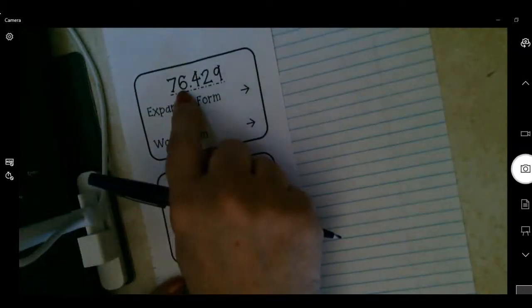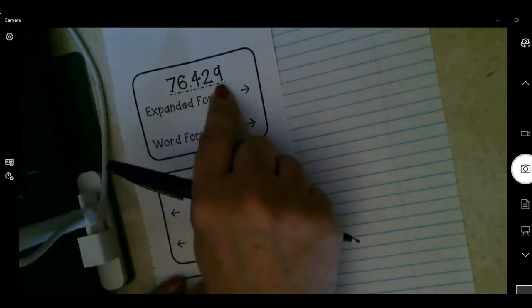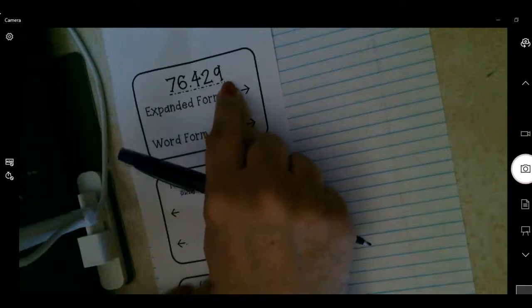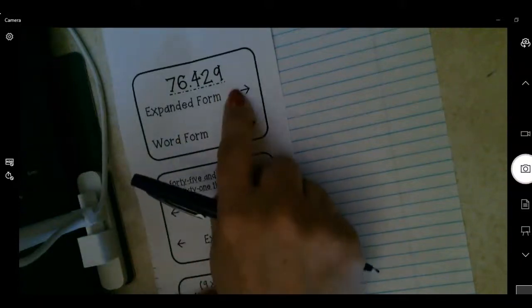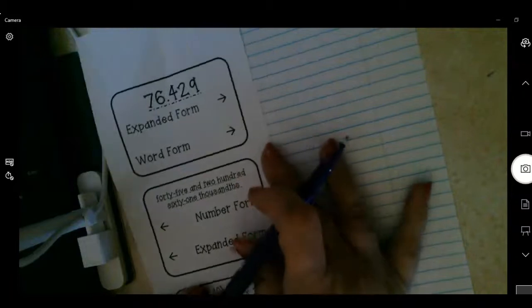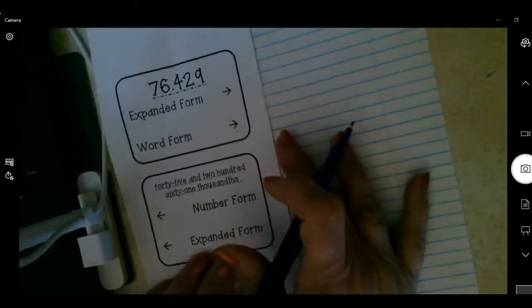This number is 76 and 429 thousandths. I'm not going to write it in word form, but I am going to write it in expanded form. So I know that I would have my whole number.